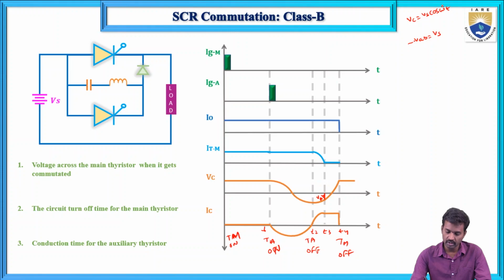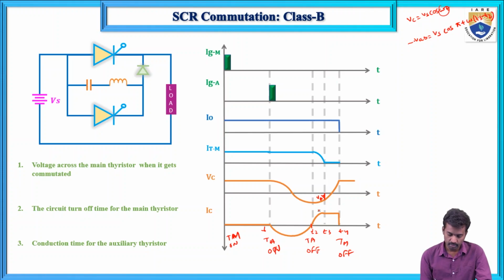Here the time period is pi plus cos of pi plus omega into T3 minus T2.